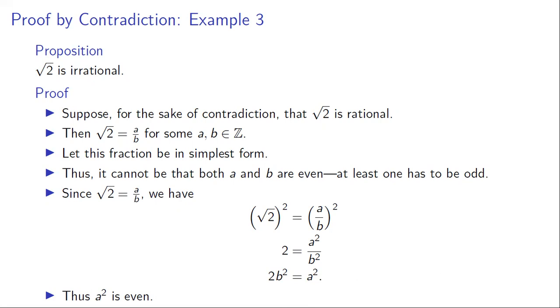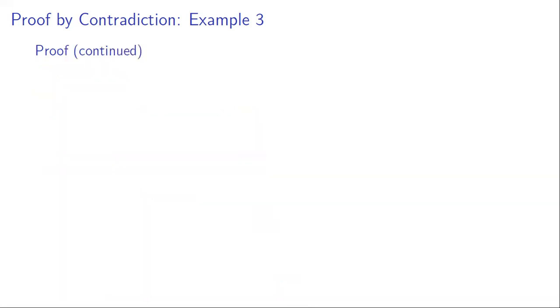Again, all we're saying so far is that a squared is even. But from the first example of proof by contradiction that we did in this video, we showed that if a squared is even, then a has to be even. So by an earlier proof, since a squared is even, a must be even.